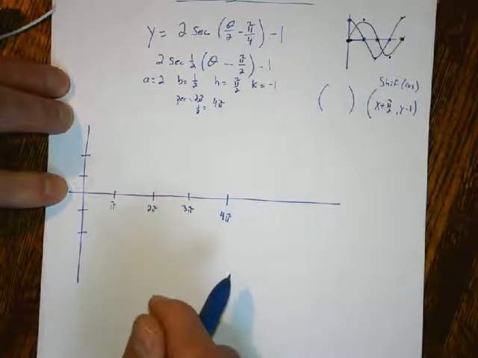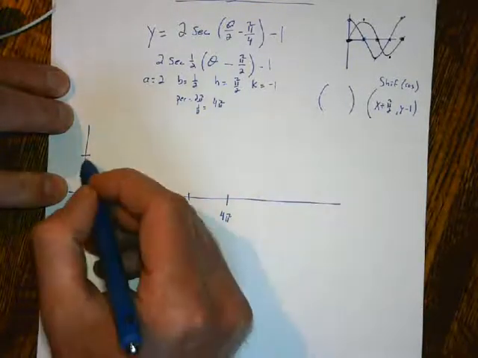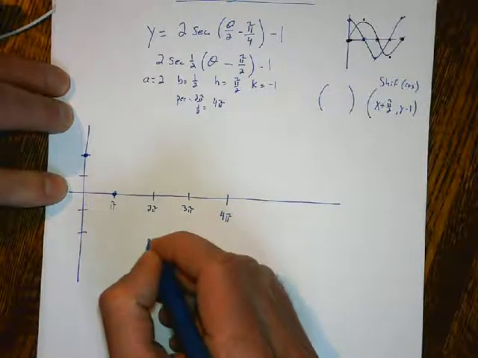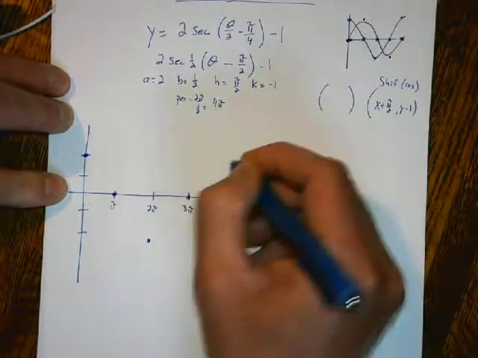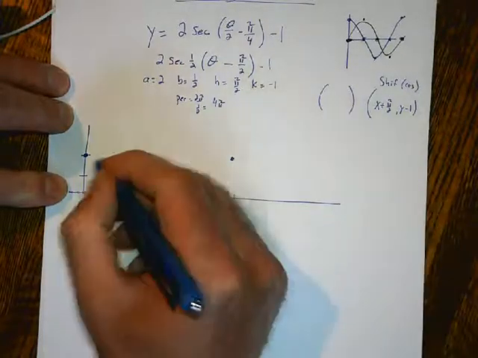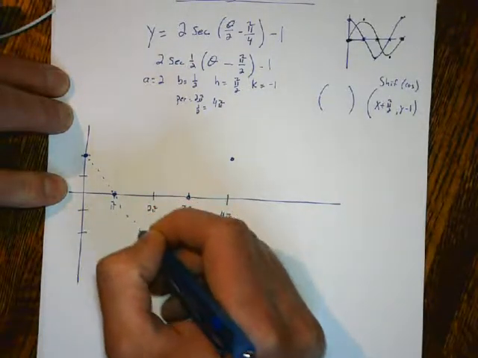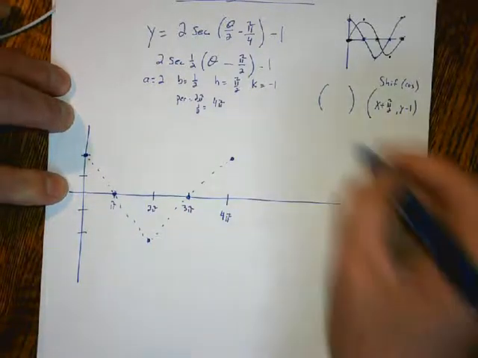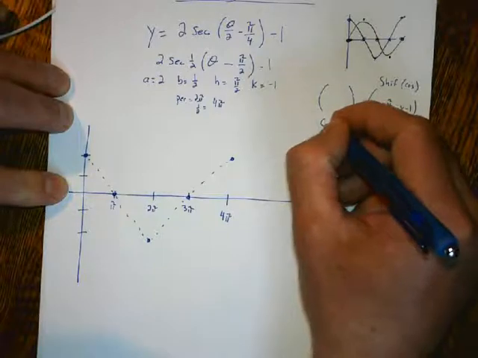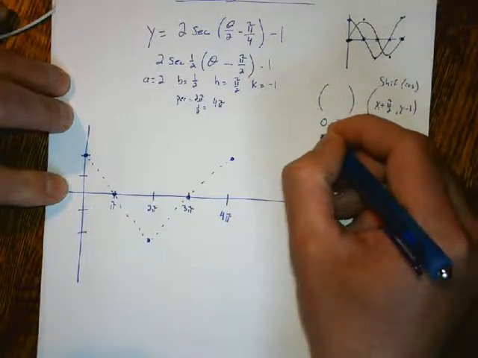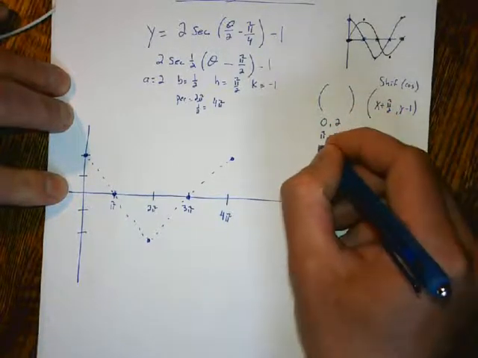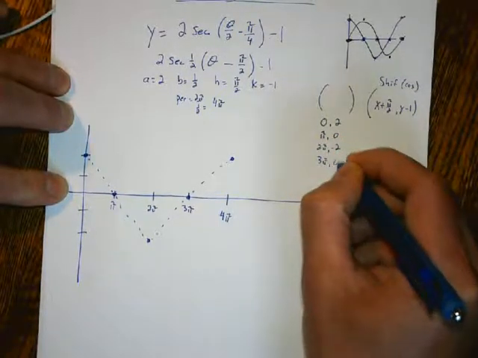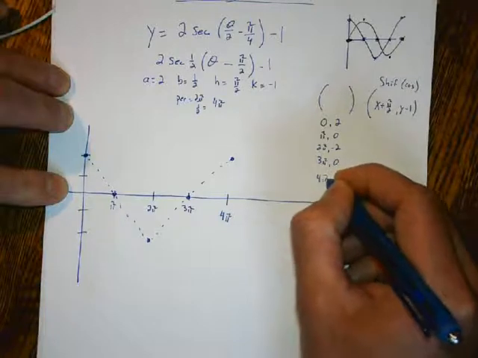Since this is a cosine graph, our first step is always to start at a, 0, opposite of a, 0, and a. That gives us our generic parent function prior to the shift. Let's list them. So we are at 0, 2, pi, 0, 2 pi, -2, 3 pi, 0, and 4 pi, 2.